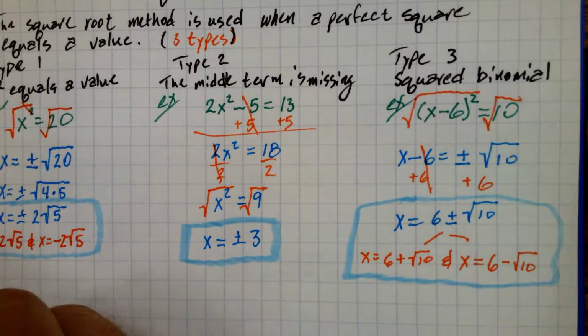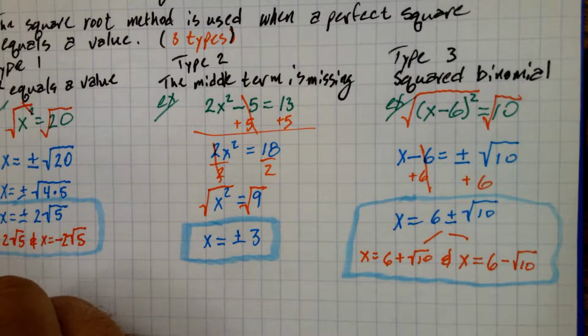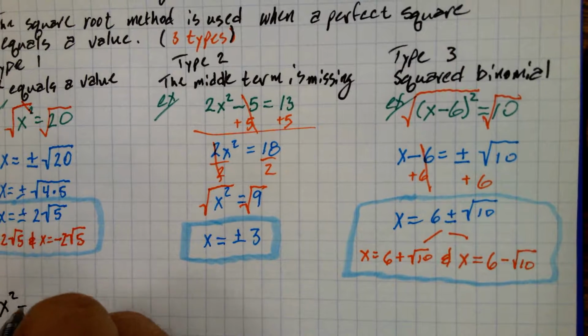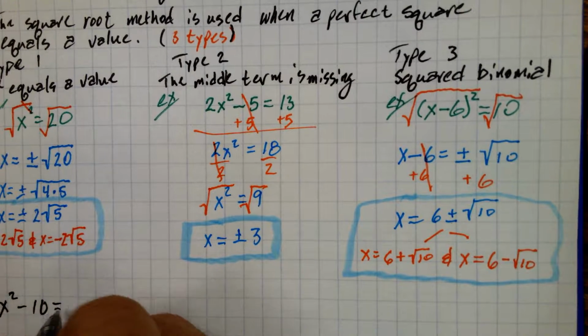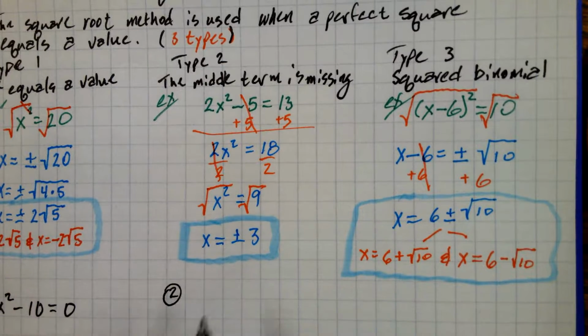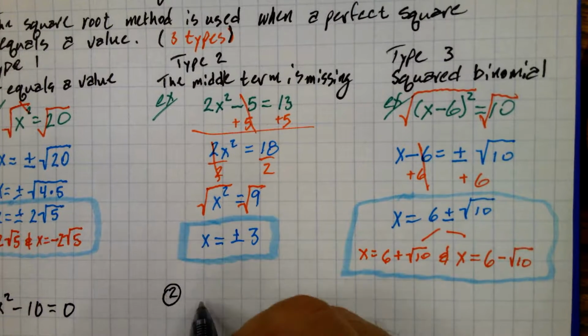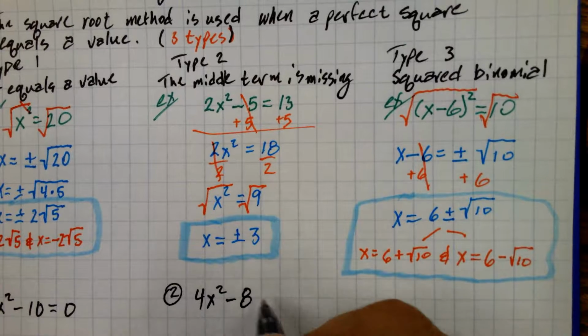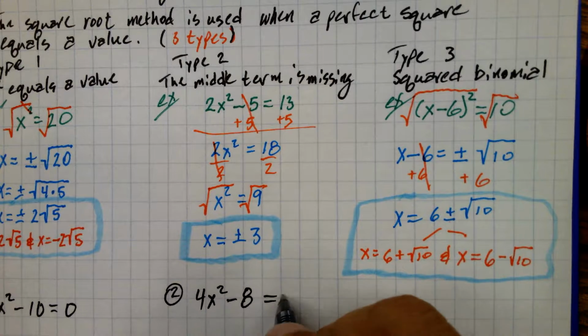Okay, number 1. X squared minus 10 equals 0. Number 2. 4x squared minus 8 equals 0.